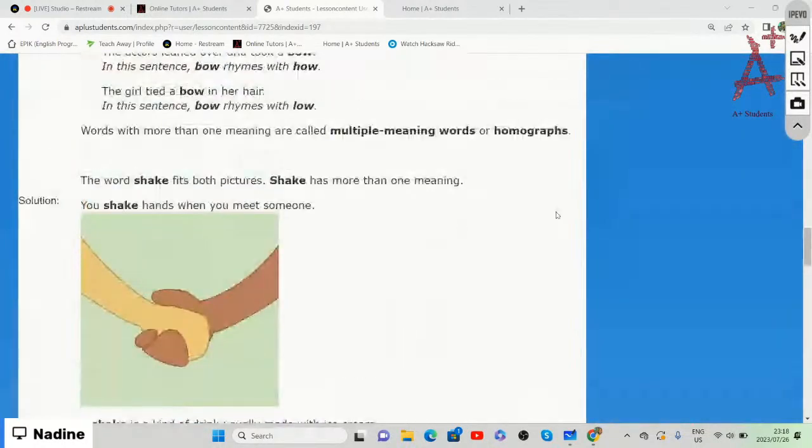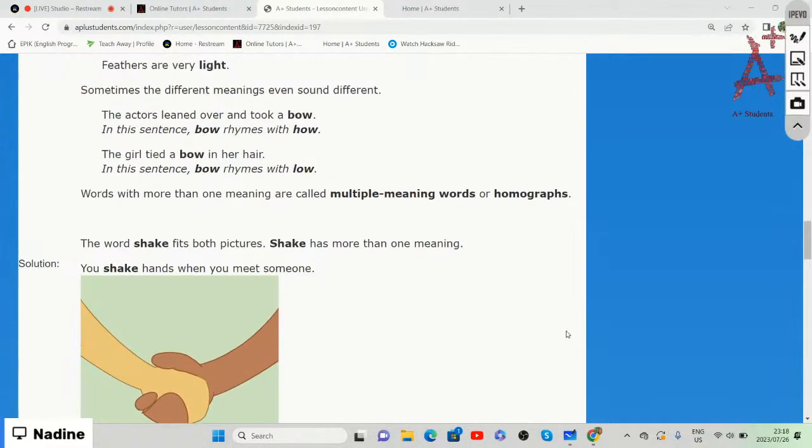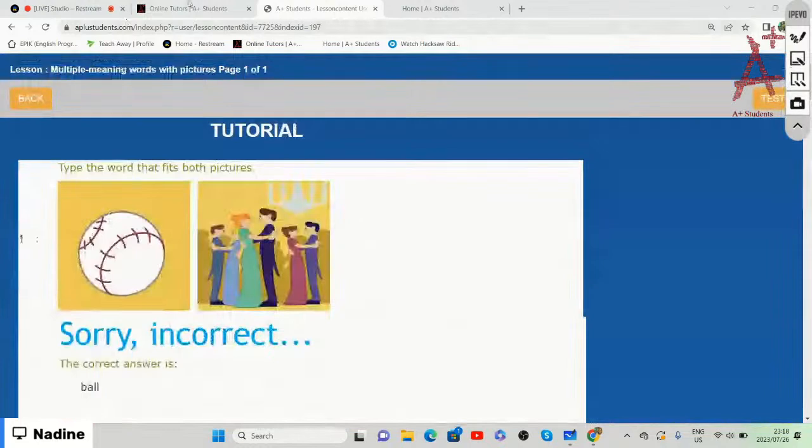So these are but a few words where the word is spelled the same or sounds the same, however, the meanings are different. Once again, these are words that have different meanings, and that is why we call them multiple meaning words. Another word for multiple meaning words is homographs. All right, so that is basically multiple meaning words with pictures.